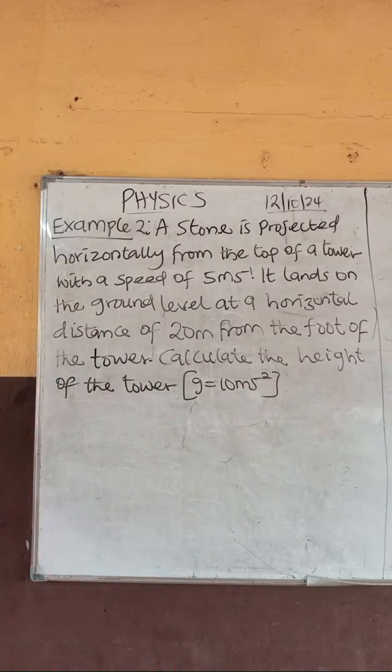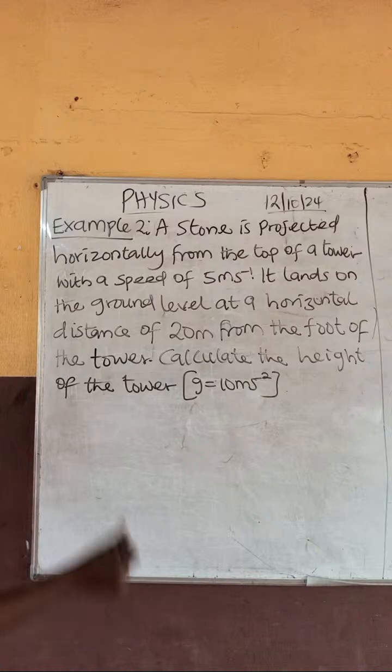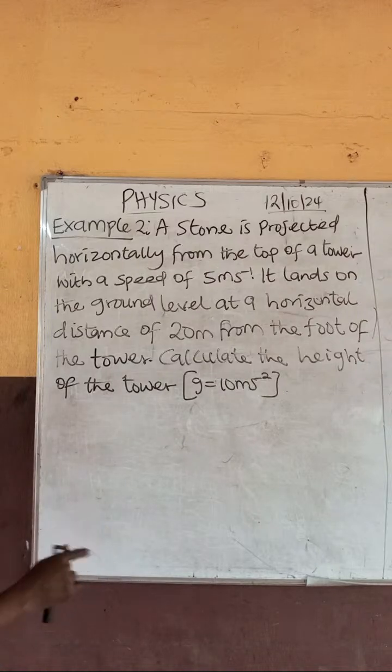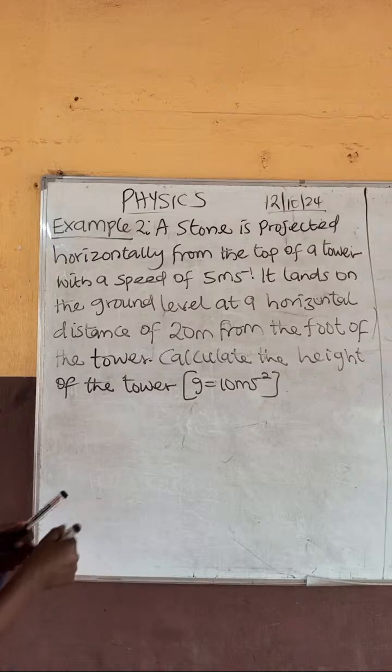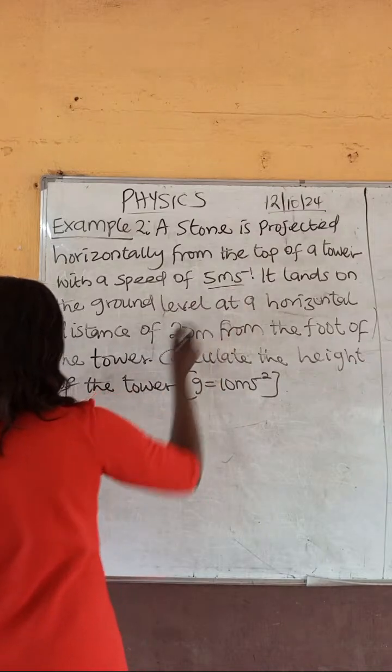All right, so let's solve this question. A stone is projected horizontally from the top of a tower with a speed of 5 meters per second.